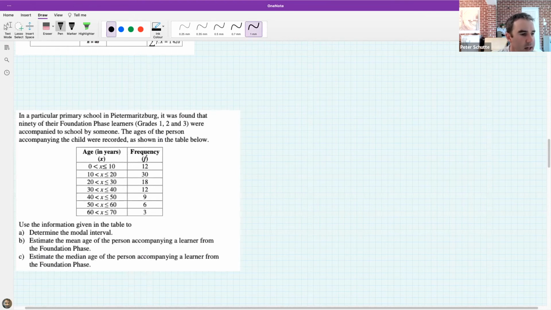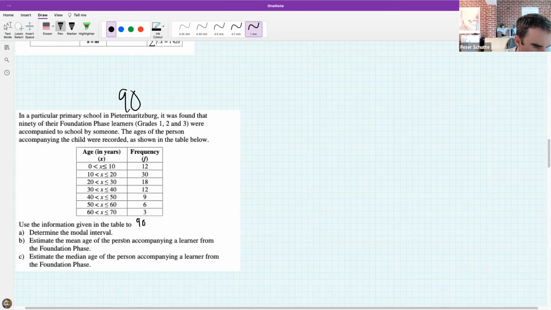Okay, so there are 12 people between 0 and 10 years of age who were accompanying. Now, the total that I'm going to write down, did I see 90? Let's look. 90. So I would imagine if 90 is the total, at the bottom here, if we added up all the frequencies, we should get a total of 90.